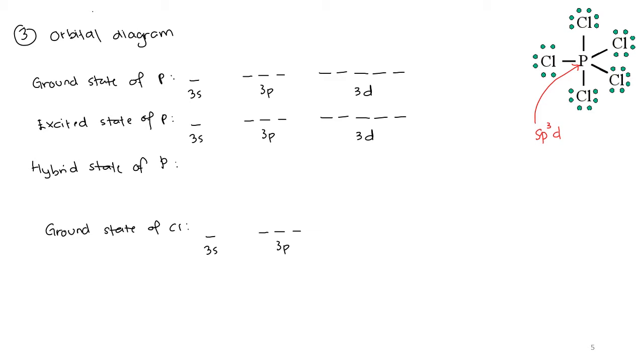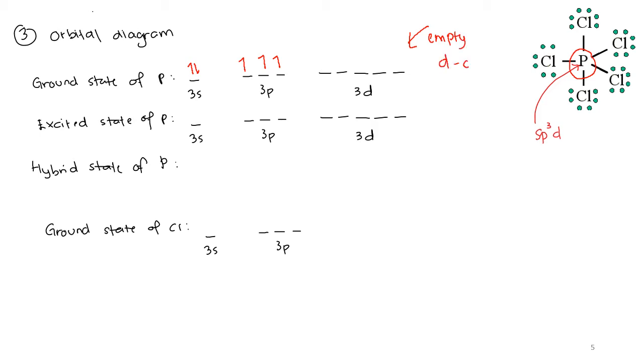By referring to your Lewis structure, you know that phosphorus here should be sp3d hybrid. And your orbital diagram for phosphorus, make sure you know the valence electrons for phosphorus. It will be in period 3, so it will start from 3s2 and 3p3, and there is the presence of this empty d orbital.